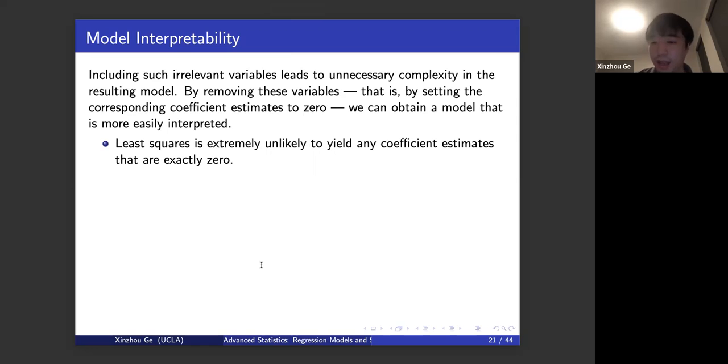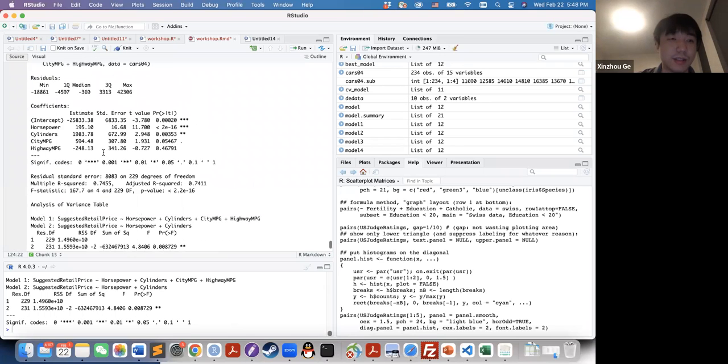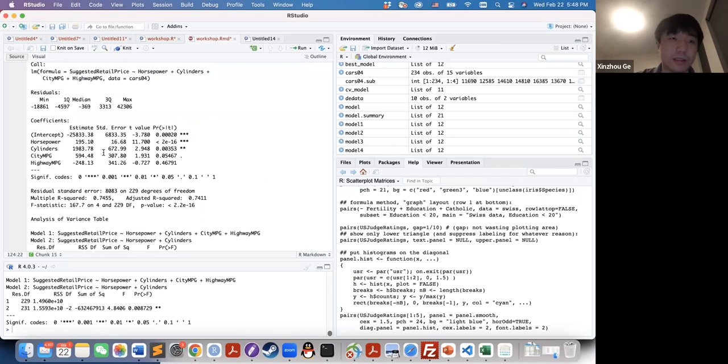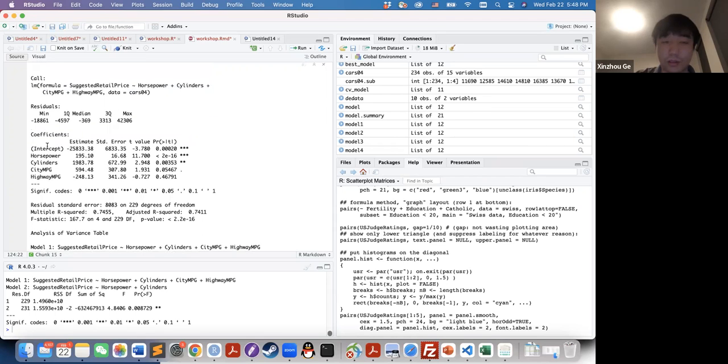Another problem with including too many predictors is model interpretability. If we go back to the model on the data set, we can see that if we have a lot of predictors, for example the highway MPG predictor, although the p-value is quite small, we still have a very large slope.